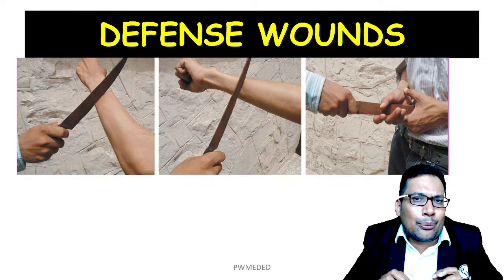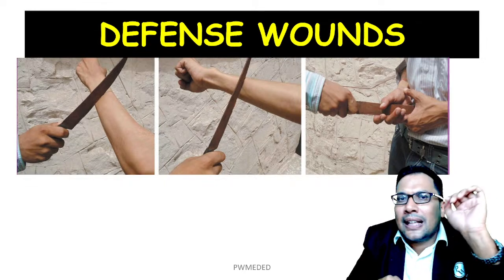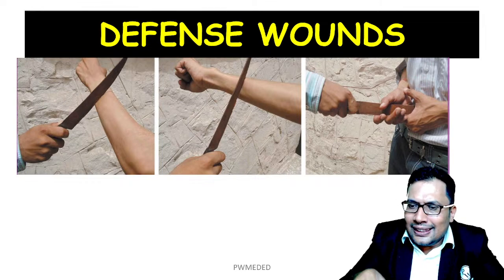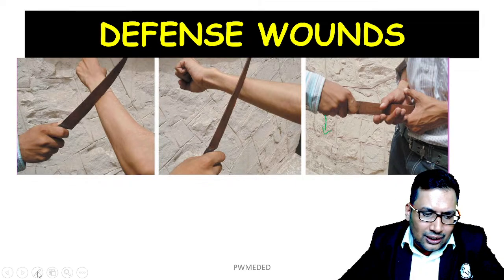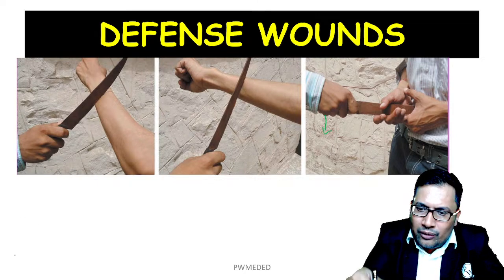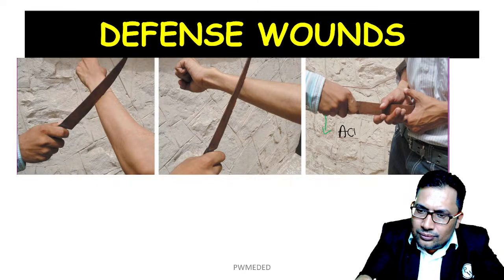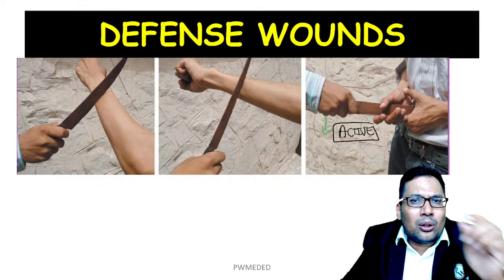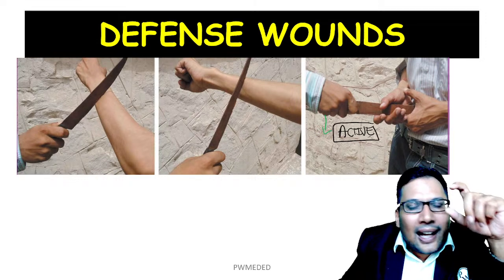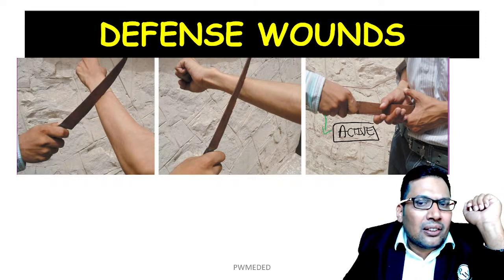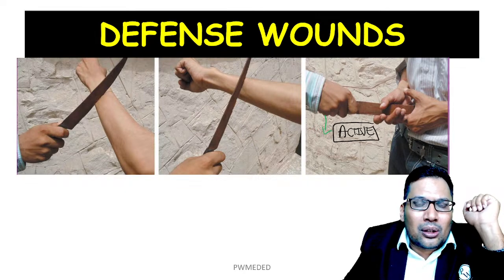This is the active defense wound, you can see in this picture. When a person tries to grab the weapon from the assailant, that is known as active defense wound.